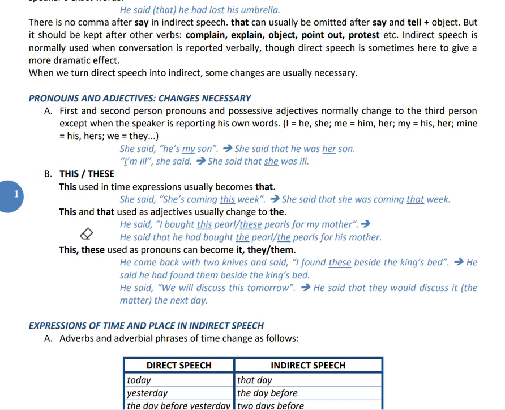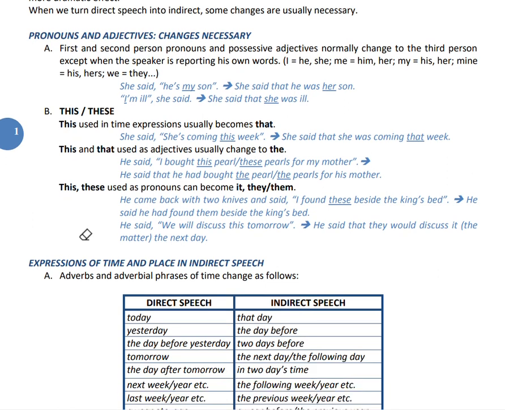Great. And this, these, used as pronouns can become it, they, them. He came back with two knives and said, "I found these beside the king's bed." He said he had found them beside the king's bed.